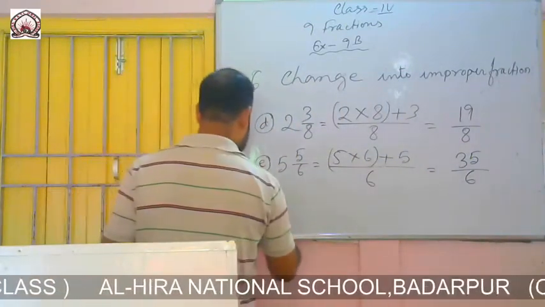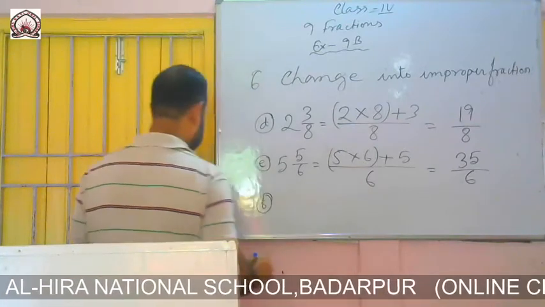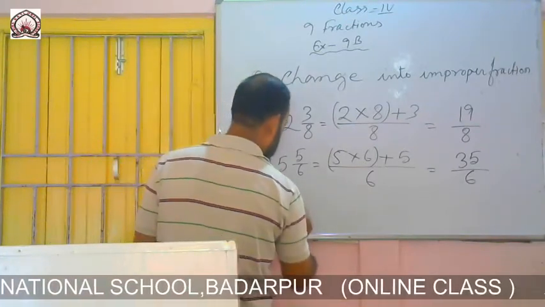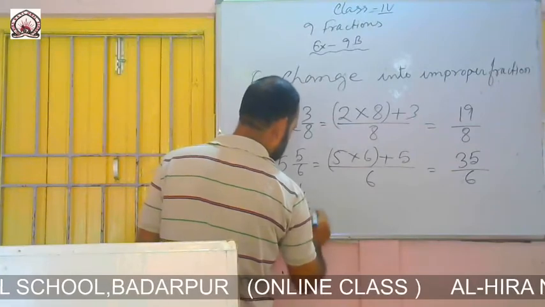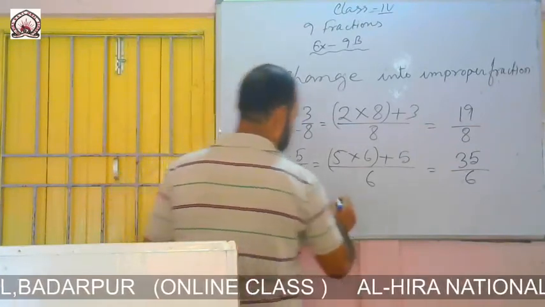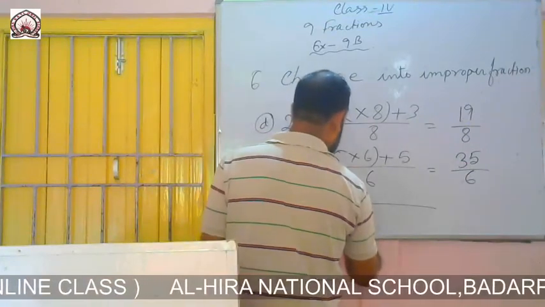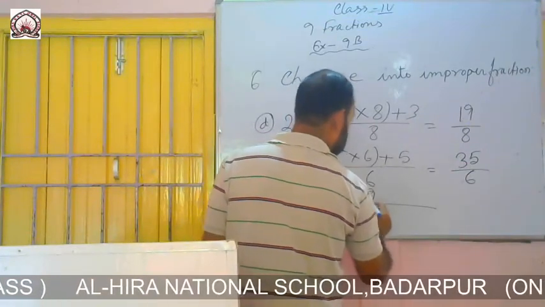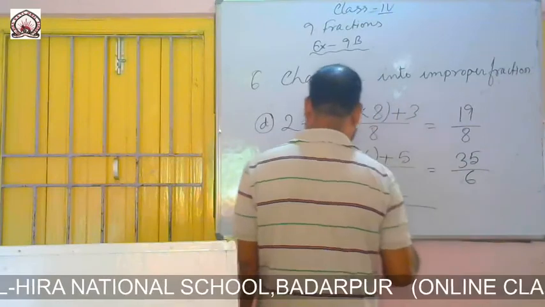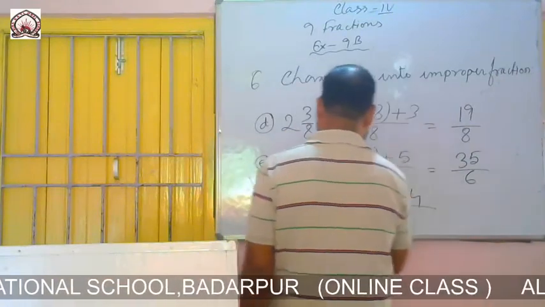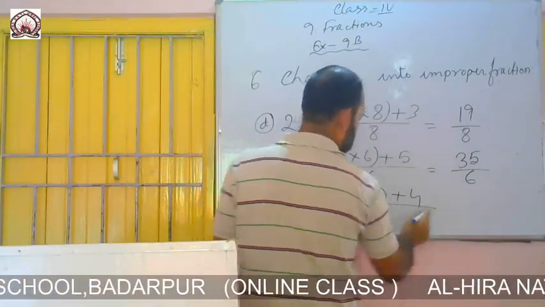Next question number F. 5 4 by 9. So here 5 into 9 plus 4 by 9.